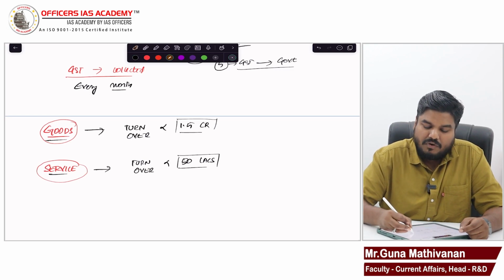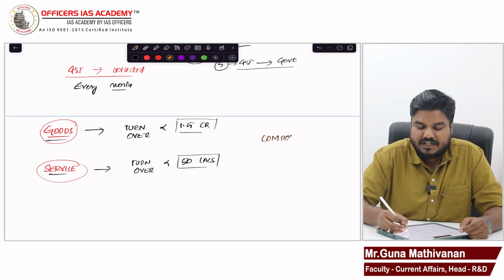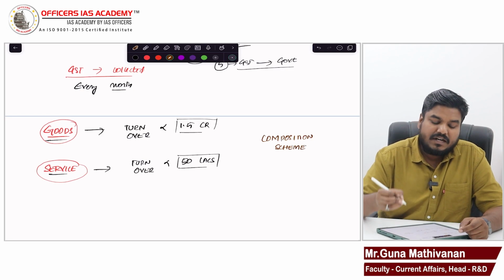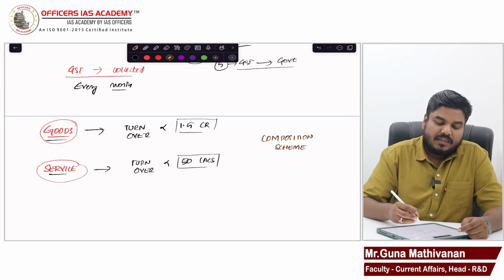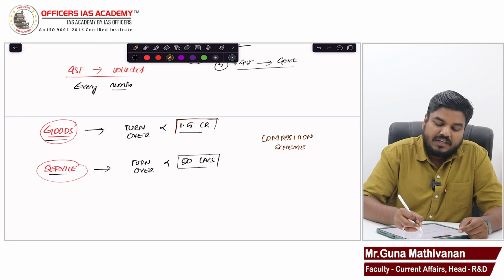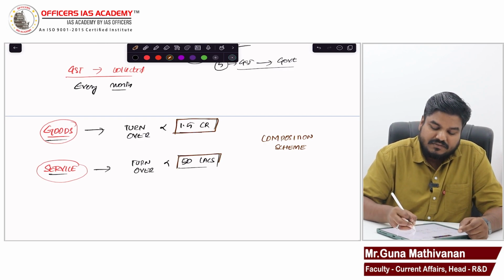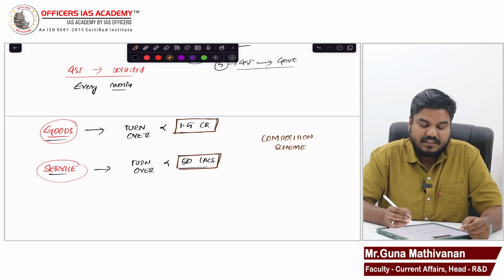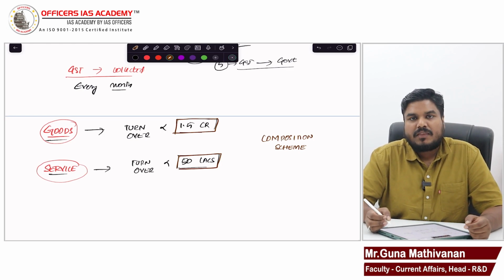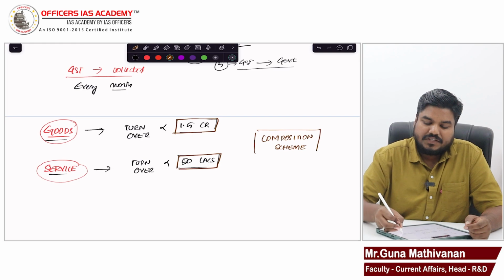So, the eligibility criteria for the composition scheme is that the turnover should be less than 1.5 crore if the person is dealing with goods, or less than 50 lakhs if the person is dealing with services. Then you can opt for the composition scheme.